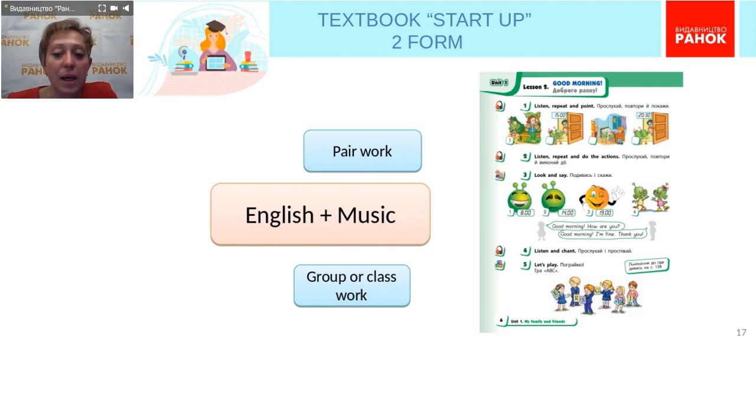And exercise 4 gives the example of a combination of English and music. And now you will be able to listen to this song. And it is important to say that our audio recordings have been made by native speakers. So you can listen to a song now. Audio, please.